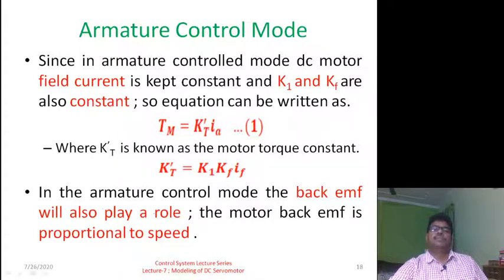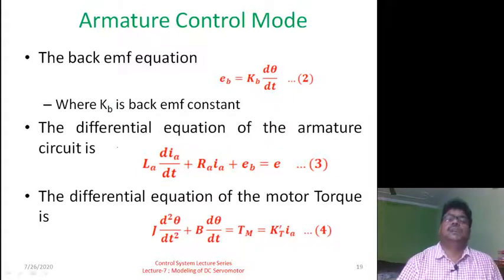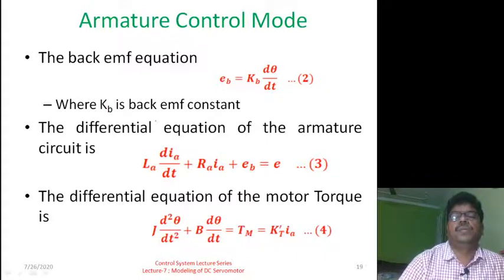So back EMF will play a major role, and since we have discussed that it will be proportional to the speed, here back EMF Eb equal to Kb d theta upon dt, where Kb is a back EMF constant. So writing the differential equation for the armature circuit, this back EMF will be opposite to the applied voltage.